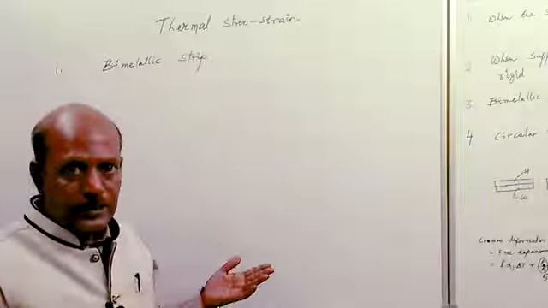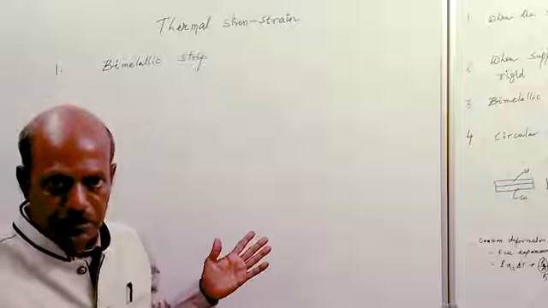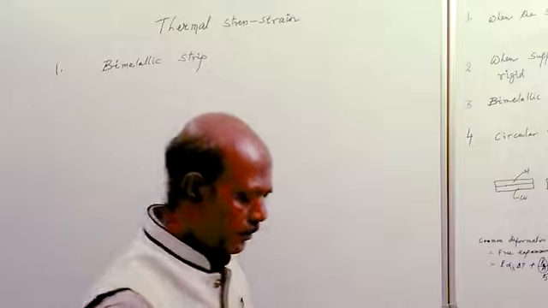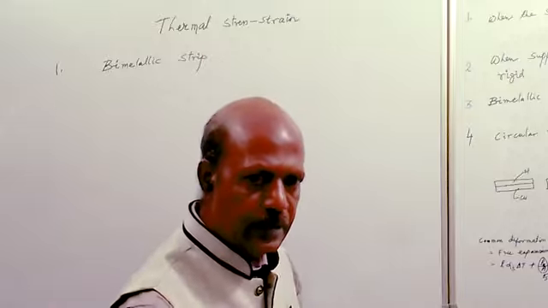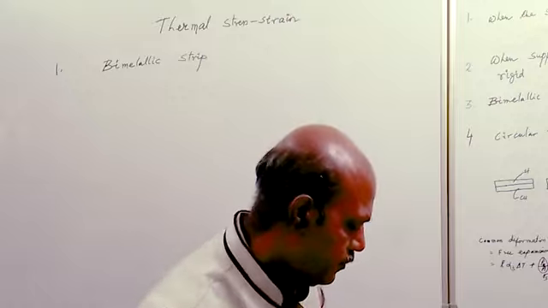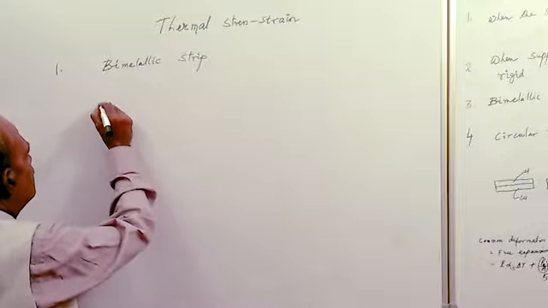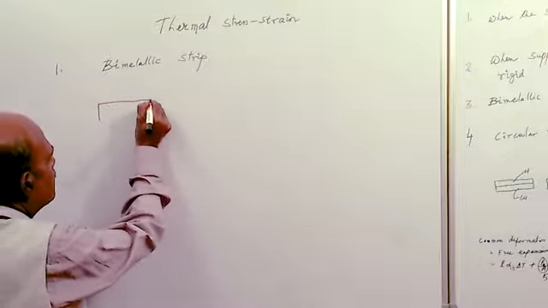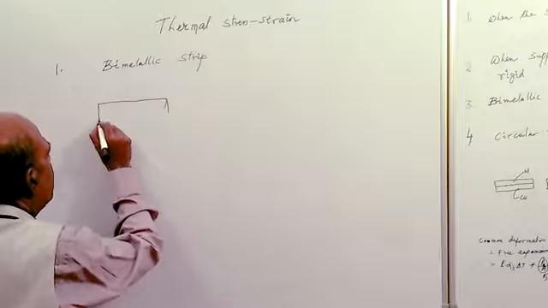So what is the stress and strain developed in a bimetallic strip? Let a bimetallic strip be made of two materials, say copper and steel. Consider this bimetallic strip, where two plates are rigidly fixed at the ends.